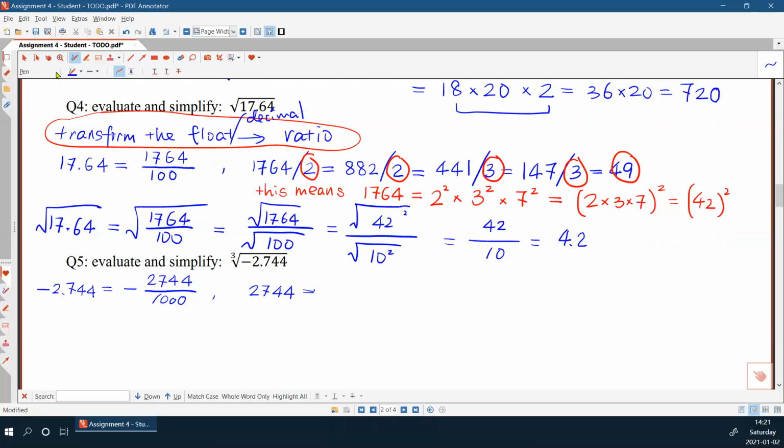So 2744, first, let's try to factor this number. Apparently, you can divide this number by 2 first, right?